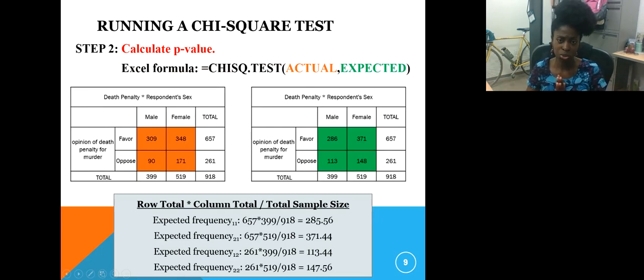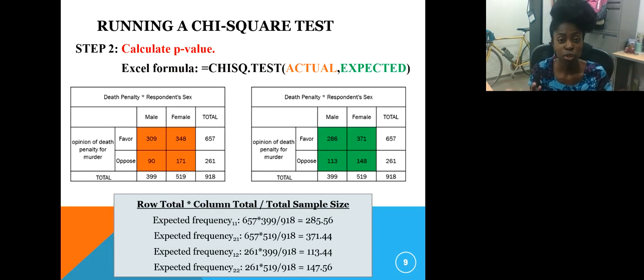Just like in lecture 2 in Excel, we wanted the mean of something. We typed equals, average, and we selected the column we wanted to take the average of. We wanted the minimum. We typed equal, minimum. We selected everything we wanted in that variable to find the minimum, right?